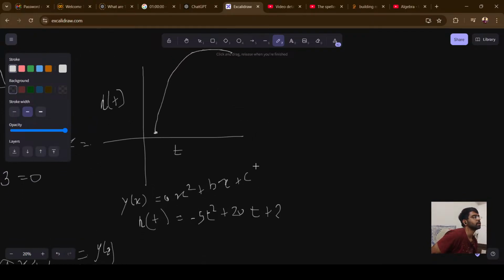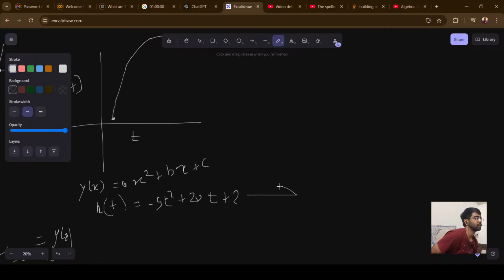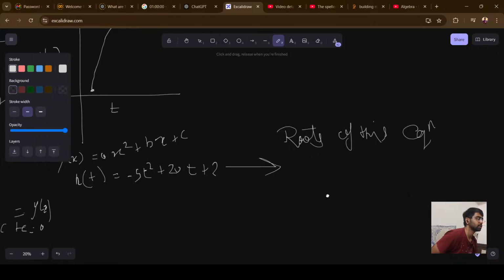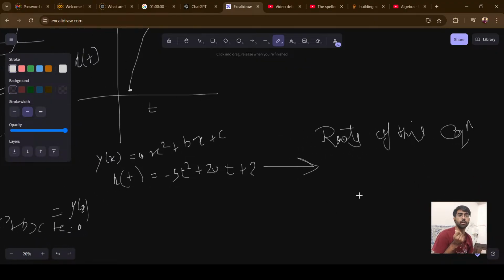So actually, finding the roots of this, let's say I am able to find the roots of this equation, then what does it actually mean?